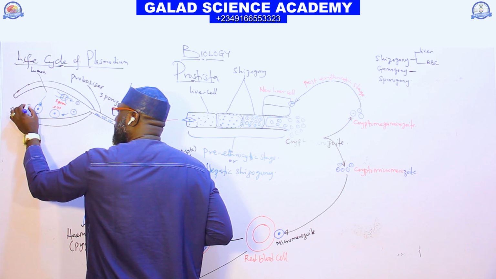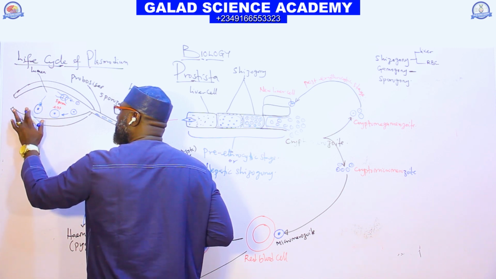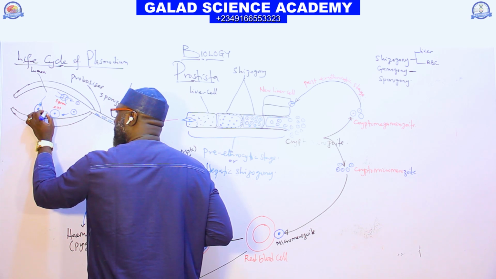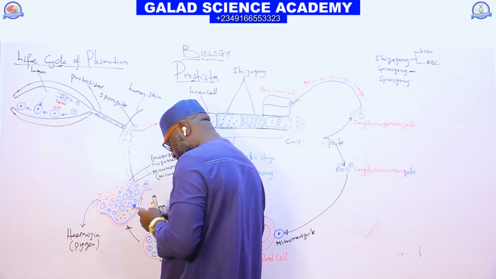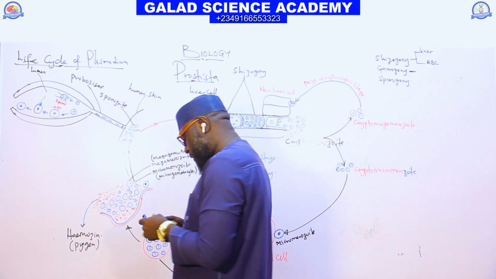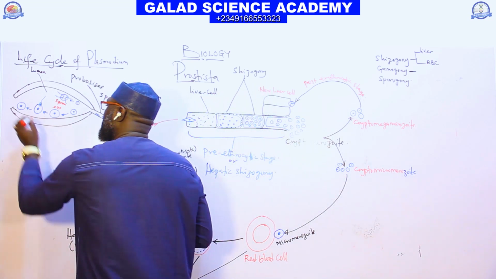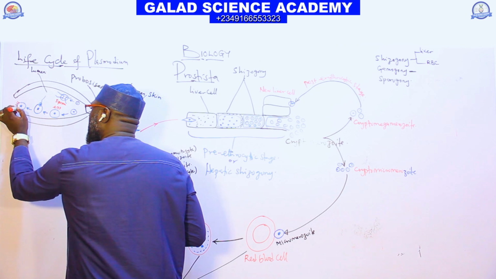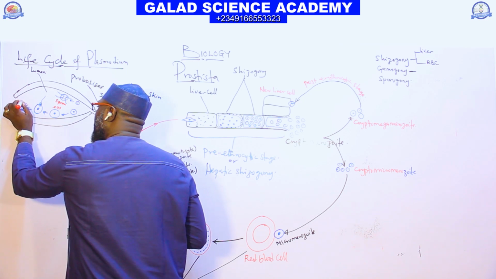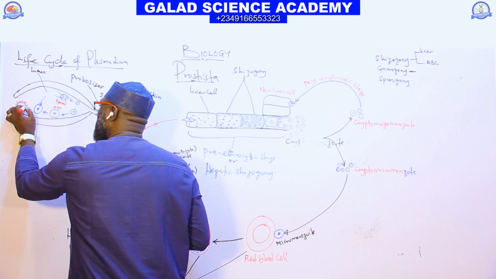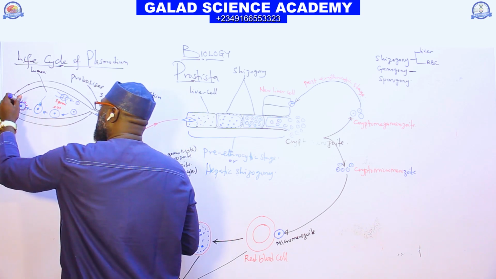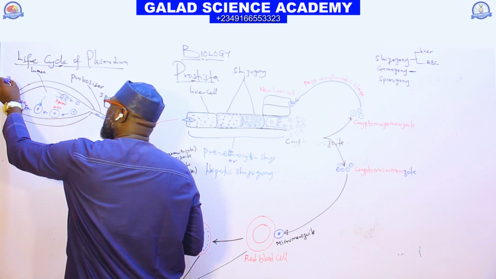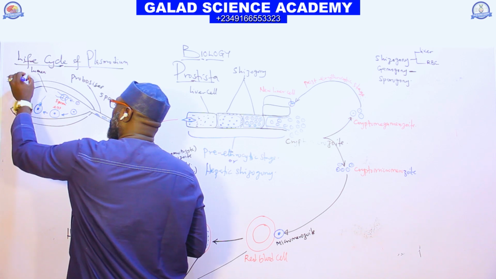When it fertilizes the egg, the egg will now form a zygote, and the zygote is surrounded with this. So this is what we call the zygote.